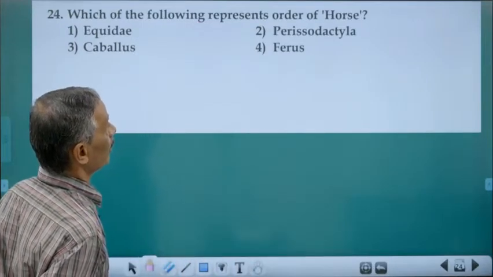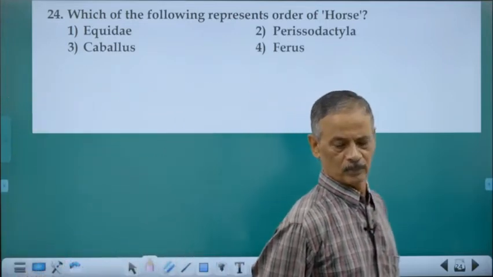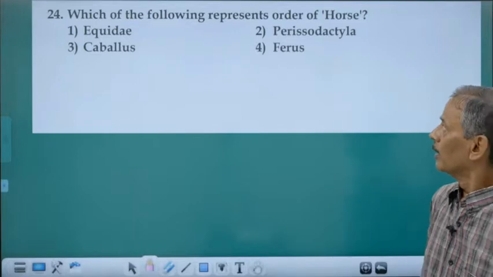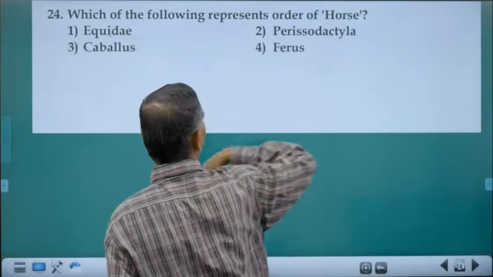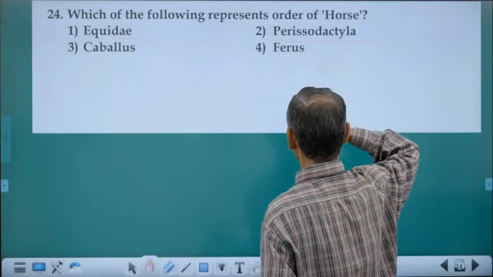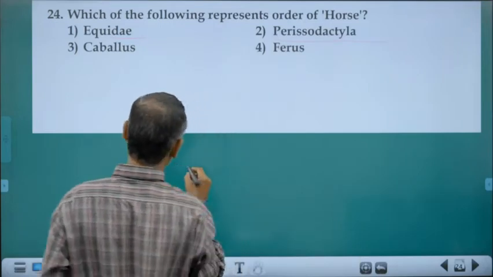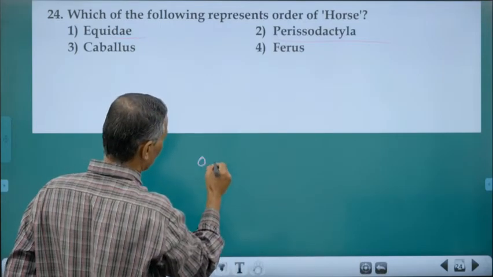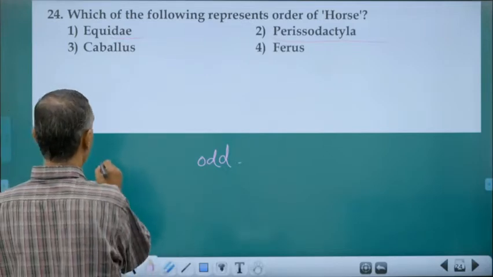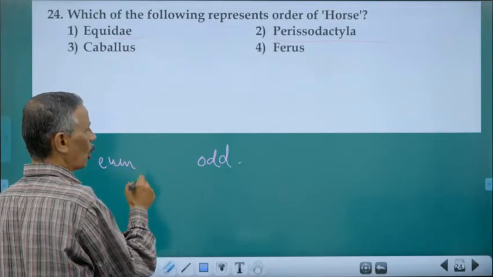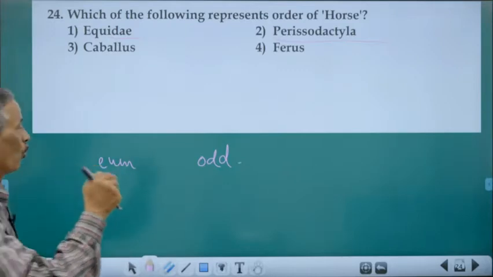This is the order of horse. I think it is from the 2016 question. Equidae is the family. Perissodactyla, that is the correct one. Perissodactyla include odd-toed, and Artiodactyla include even-toed. Okay, having one hoof, two hoofs.